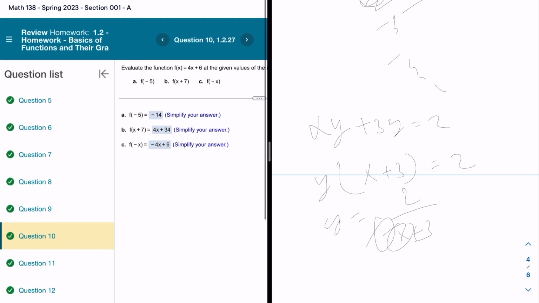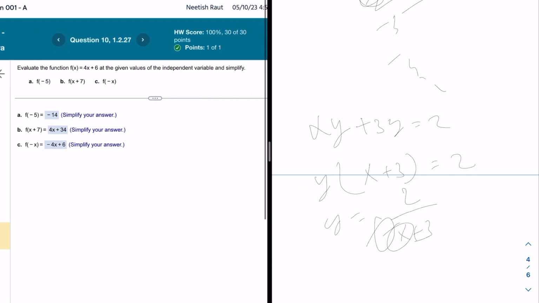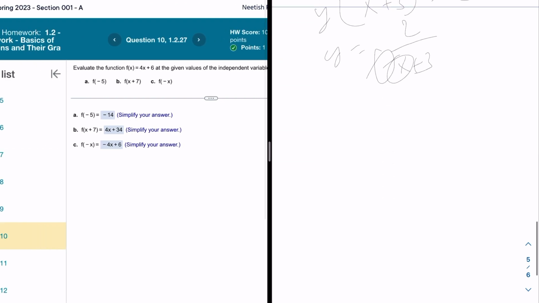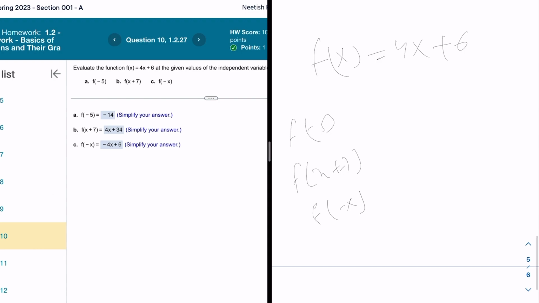Okay, evaluate the function. We are given the function 4x plus 6, and the question asks for the values at minus 5, x plus 7, and minus x. So instead of x we need to plug in minus 5, and it will give some number.